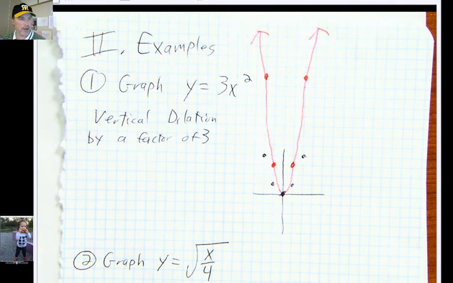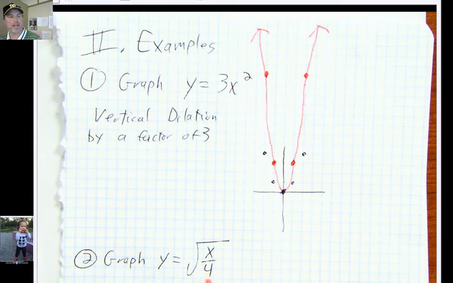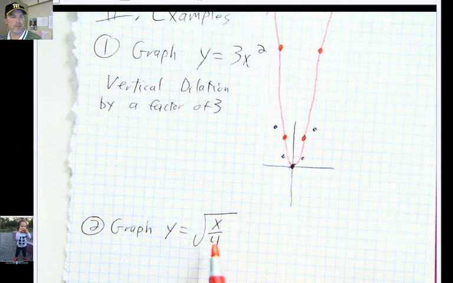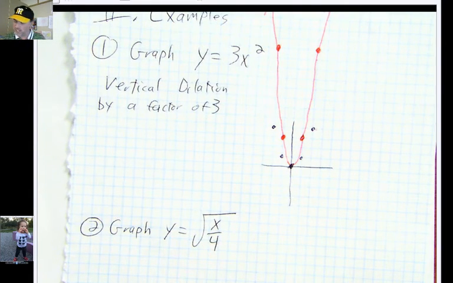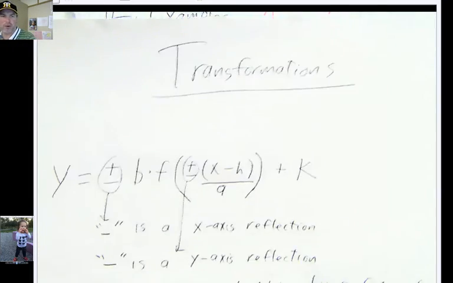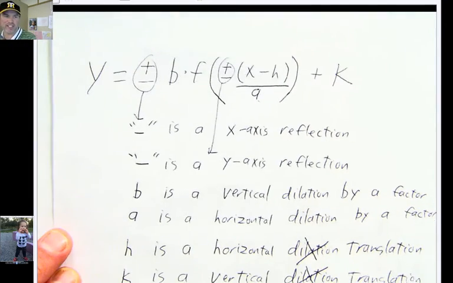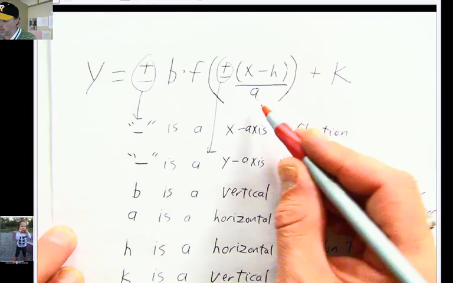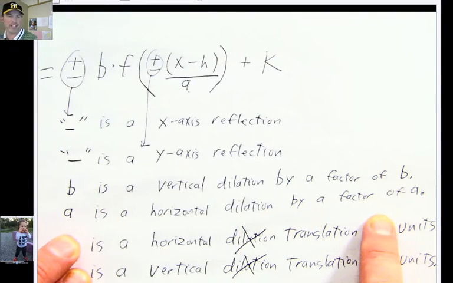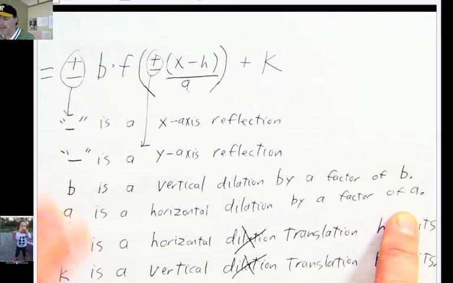Example number 2 is what happens when we have this function but divided by 4 on the inside. Well, if we use this chart as a guide, that's just like this divided by a, and when it's divided by a, that is a horizontal dilation by a factor of a.